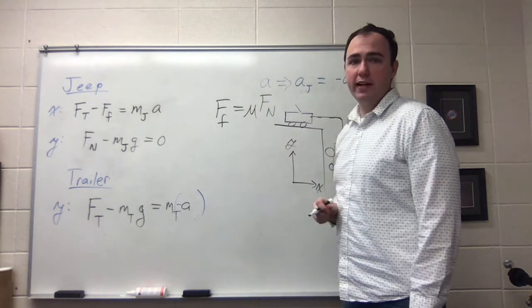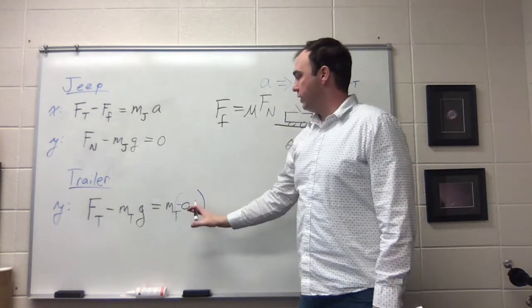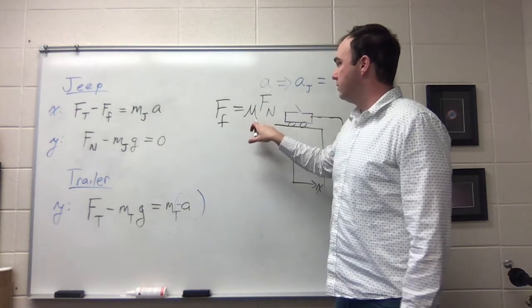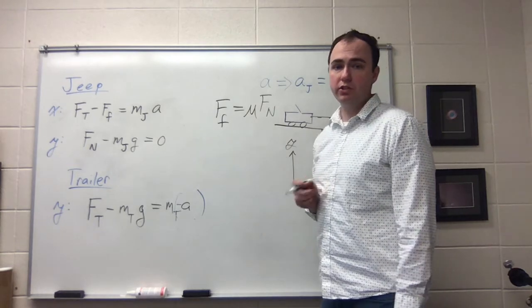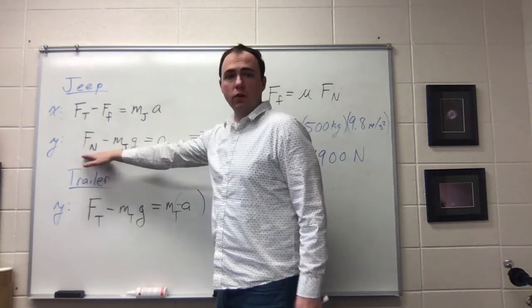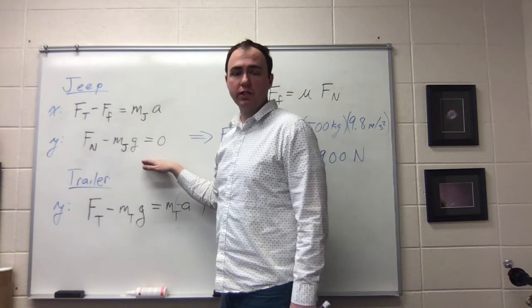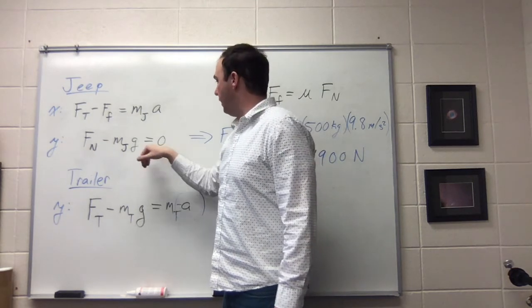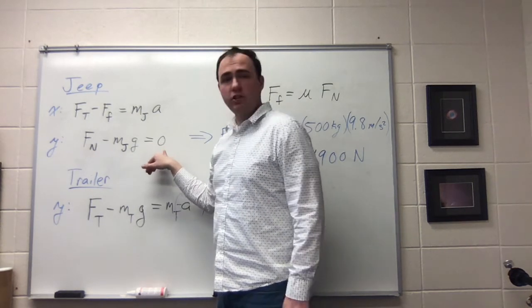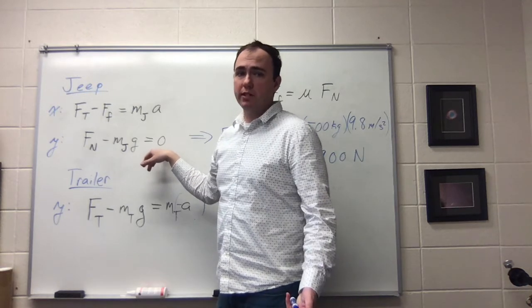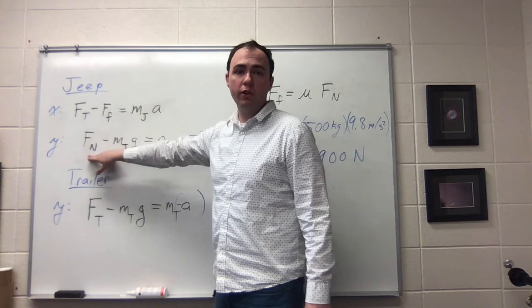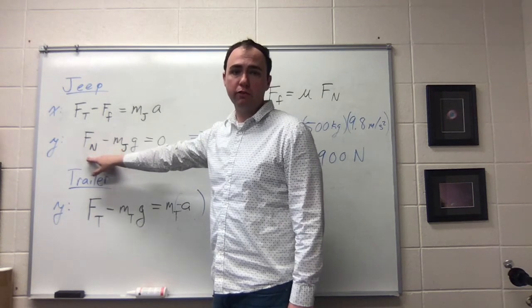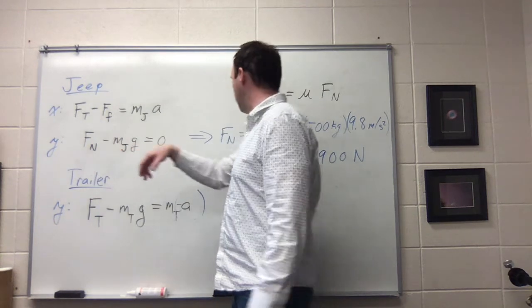All right, so with that information and with the rest of these, now I can solve for the force of friction and then use that in my other equation. So this equation for the vertical direction of the forces on the Jeep, it's equal to 0 because there's no acceleration in that direction. So the primary time where we would care about using this equation is when we have to know the normal force so that we can solve for the force of friction, which is the case in this problem.